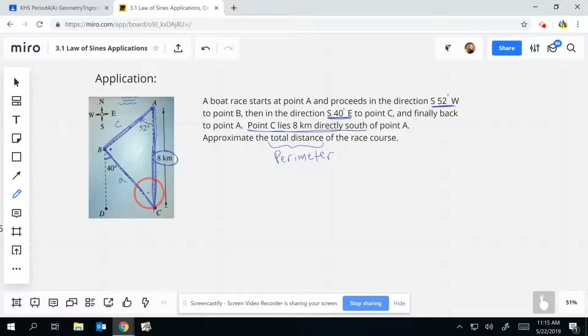So do I know either one of them right now? Can I find either one? Which one would you want to find? It would be nice if we could find B, but we can't. We could find C, however, because this line is north-south. This angle and this angle have a special name, and this line has a special name too.